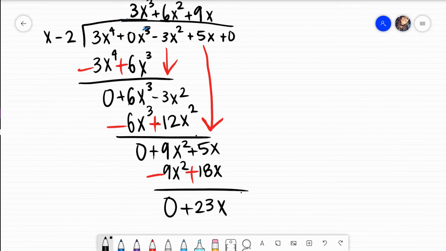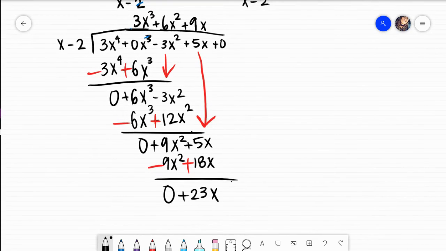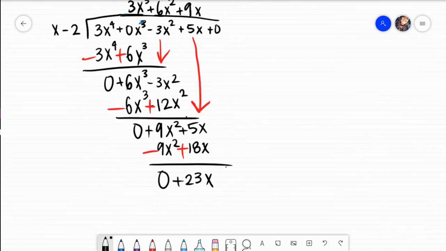And then what I do is I need to bring down, I want to erase this right here. Okay, I need to bring down my 0. So that would go right here.